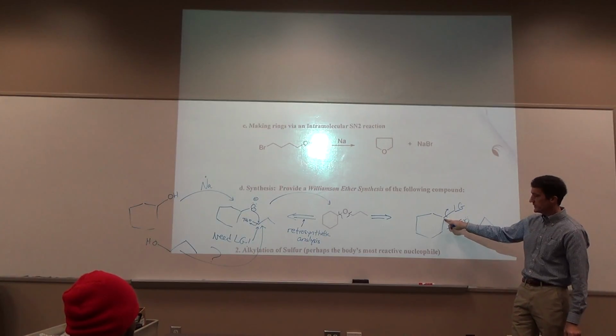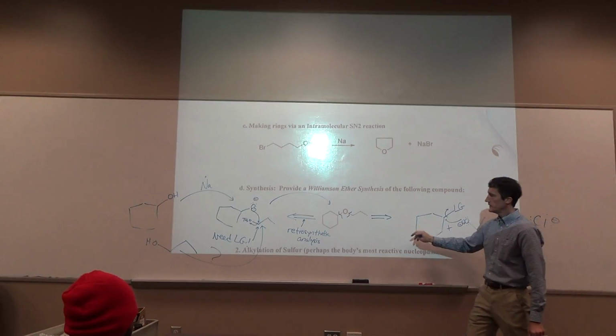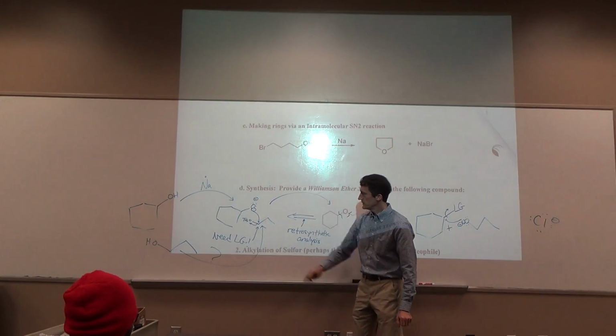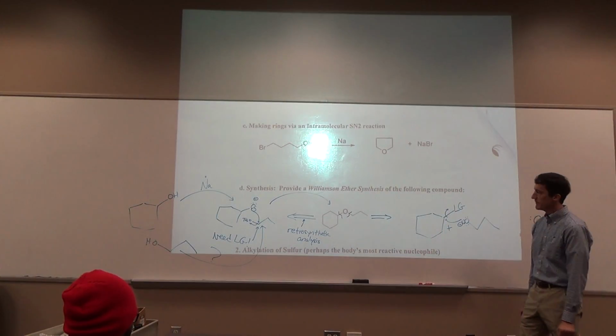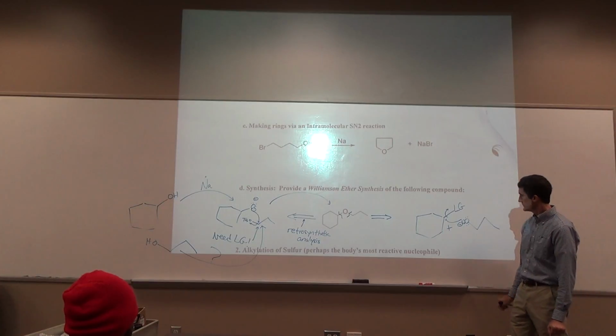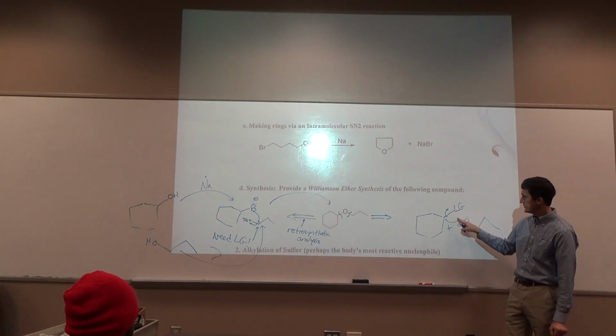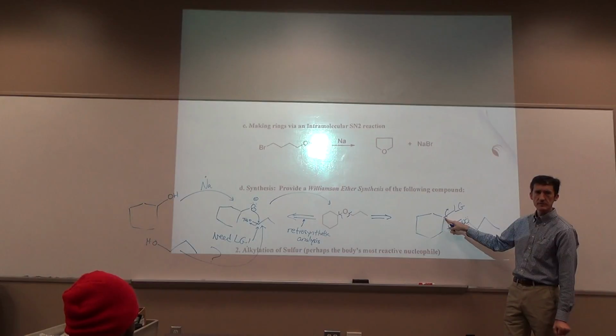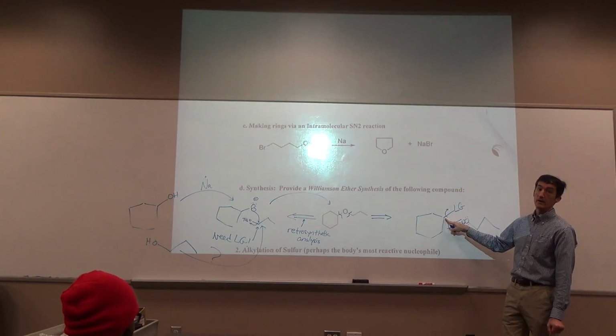The leaving group is on a secondary carbon, whereas here the leaving group is on a primary carbon. Can you do SN2 when the leaving group's on a secondary carbon? Yeah, you can, but it's the most difficult. What if this was a tertiary carbon? Oh, then that would be bad.